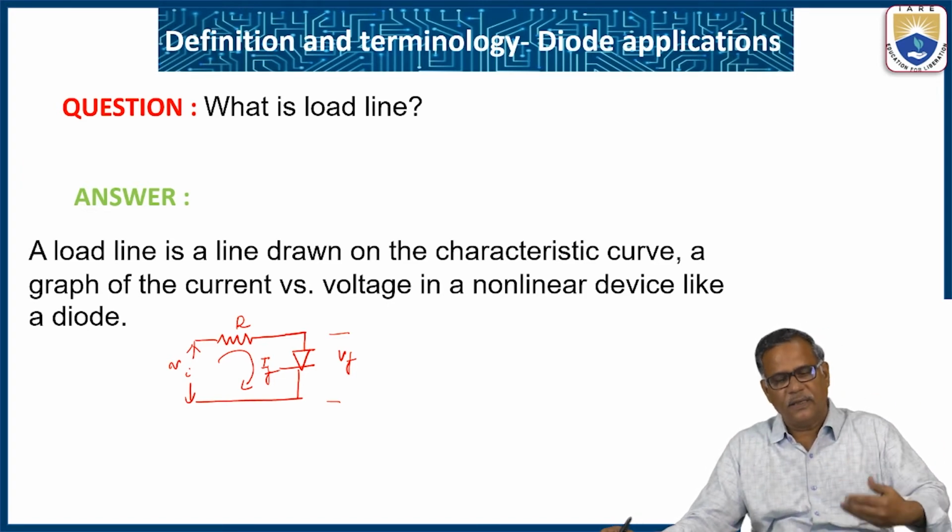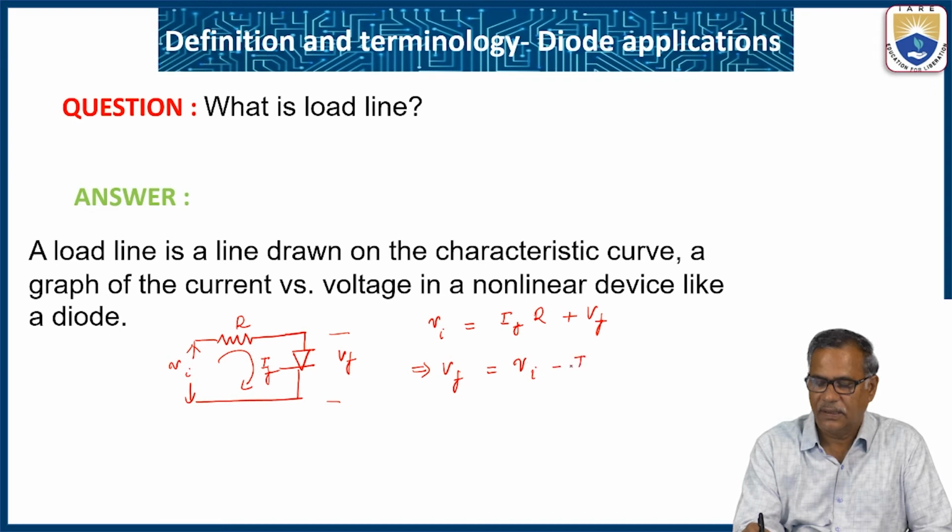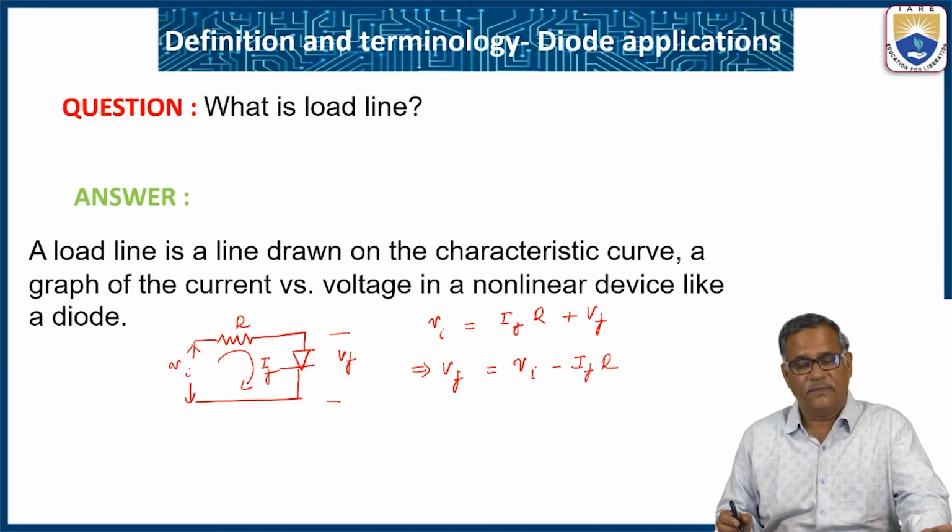So if you apply the KVL law to this circuit, you get Vi equal to IF RF plus Vf. So we write Vf equal to Vi minus IF R. So what is the VI characteristic of the diode?